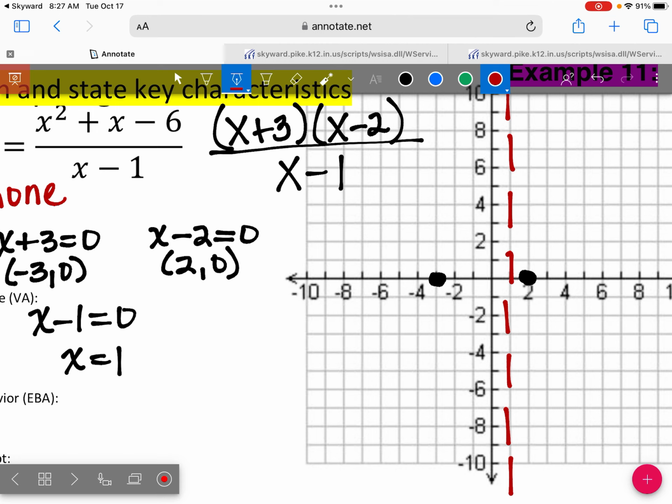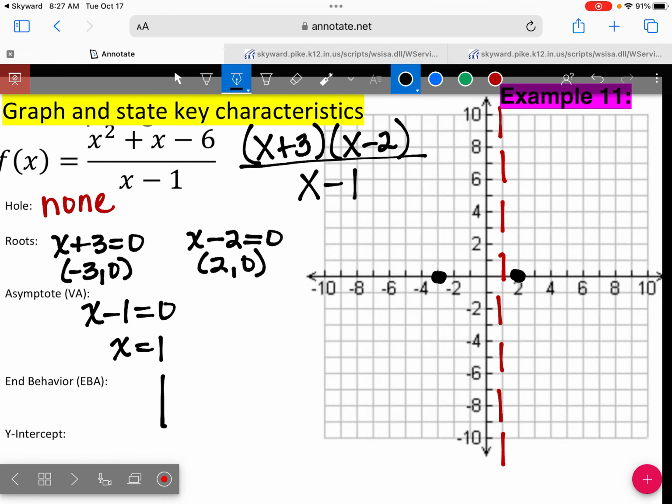Okay, so is this one top heavy, bottom heavy, or balanced? Top heavy. So we need to do synthetic division. So you're going to put that 1, when you set this equal to 0, put the 1 on the outside. And then when I look here in its unfactored form, what are the coefficients?